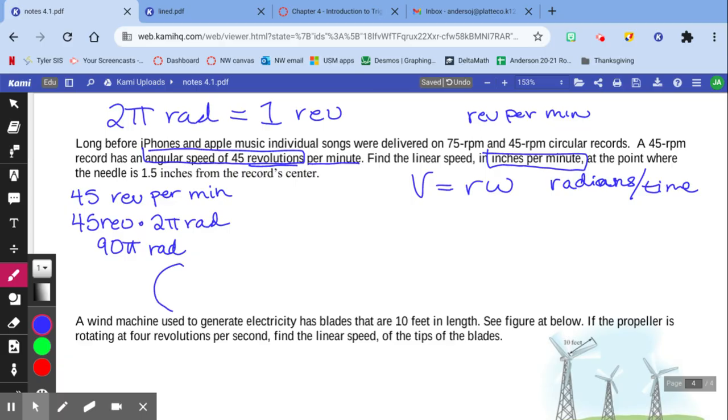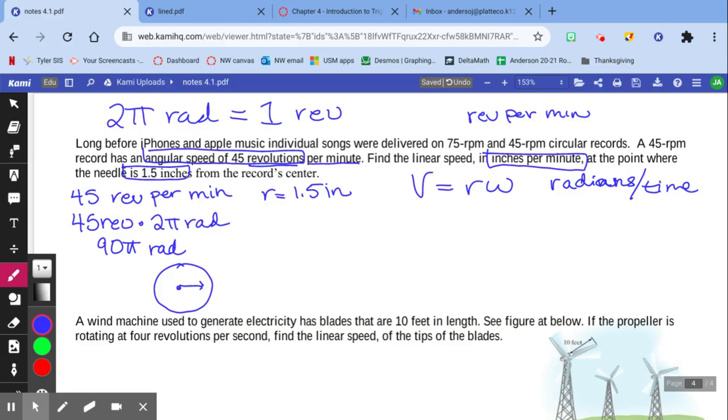So when you have a record player, it has a little needle that stretches out and that's what makes the sound go. The needle is 1.5 inches from the record center. So the radius is 1.5. When I start these problems, I make sure I make a note of all of these important things that it's asking me to do.